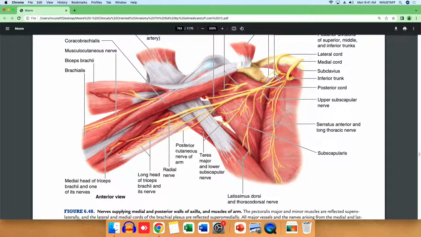And this type of attachment, you remember, with the coracoid process, would be represented by the coracobrachialis muscle. But the one which you can see here longer, here you can find the part of the biceps brachii muscle. At the same time, the muscle which starts in the middle is known as the brachialis muscle.